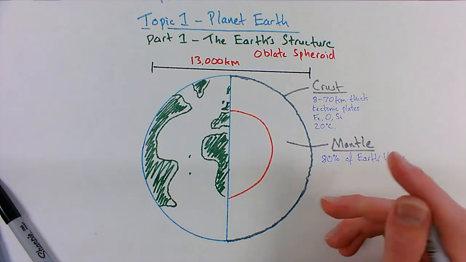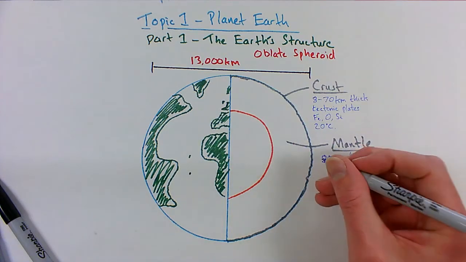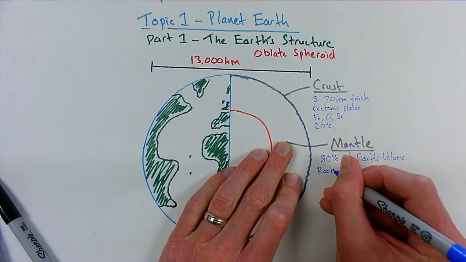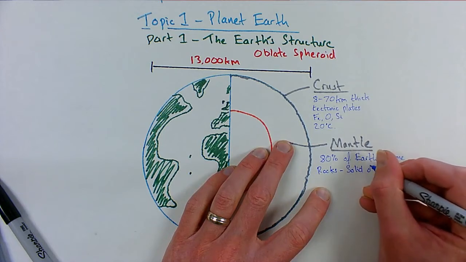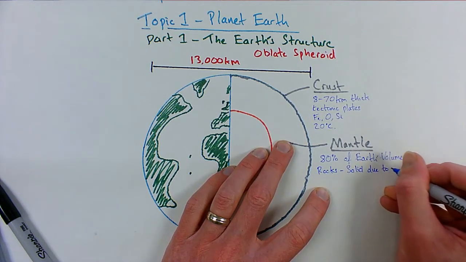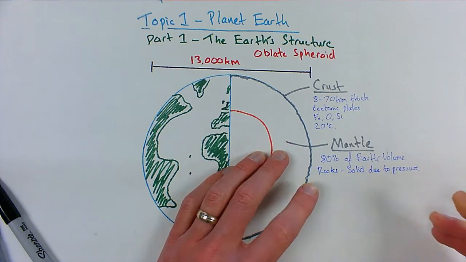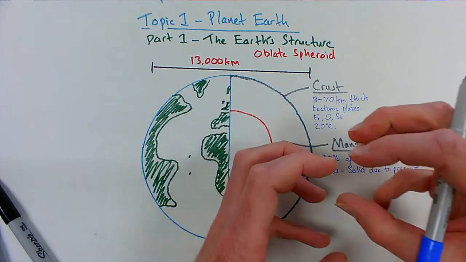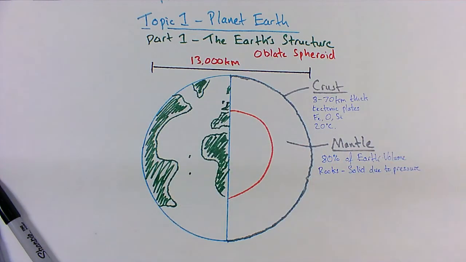It's rocks that are at a high temperature. They would normally be sort of liquid at that kind of temperature, but because they're held under pressure, they behave much more like a solid. So I'm going to call it rocks which are solid due to pressure. If you imagine your particle models, when you draw your liquid particles moving around a little bit, they're all held under so much pressure that they can hardly move, and they behave much more like a solid.